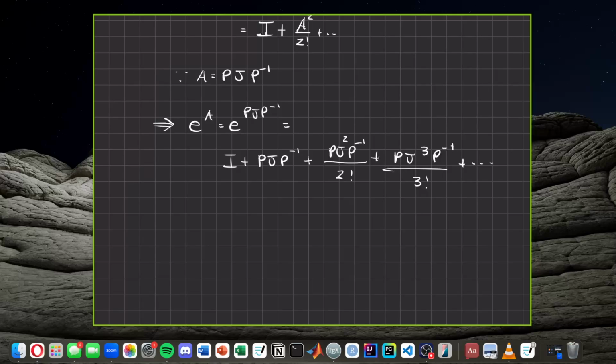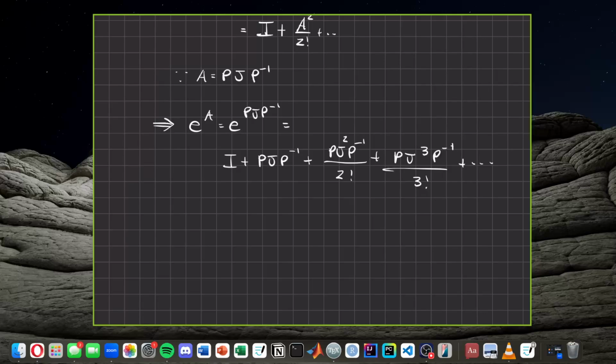This is essentially just a scalar. We could just think of it that way. This is just the equivalent of 1. And then in every term, we're dividing by 2 factorial, 3 factorial. That's just a scalar, so we can pull that out anytime we want. But every single time, J is encapsulated by P and P inverse. You have PJP inverse, PJ squared P inverse, PJ cubed P inverse, and on and on.